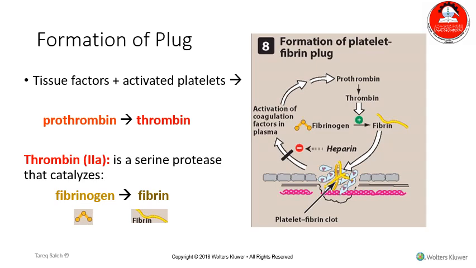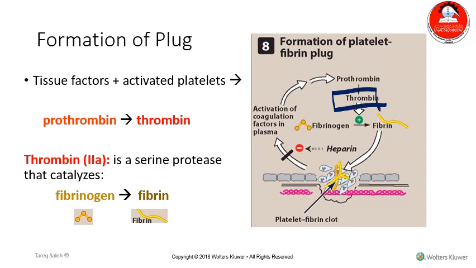So to summarize, we have mentioned before that the first response to vascular injury is vasospasm of the injured vessel, which is followed by platelet activation and aggregation that lead to the formation of the platelet plug. The next step would be thrombus formation. So how does that happen? As the platelets are being activated, local stimulation of the coagulation cascade by tissue factors released from the injured site and by mediators on the surface of platelets will result in the formation and or the activation of a coagulation factor called thrombin.